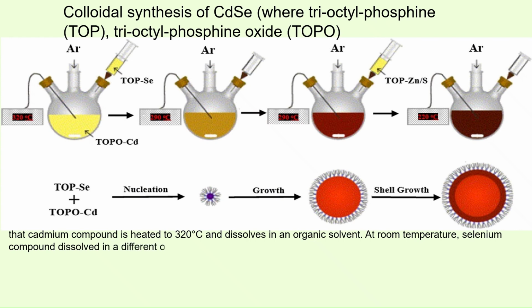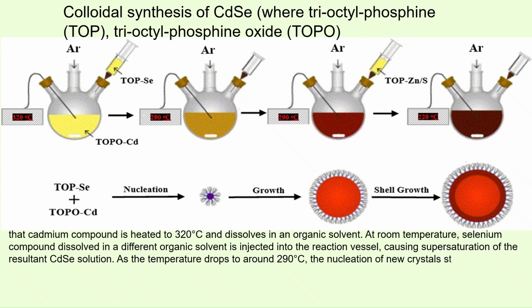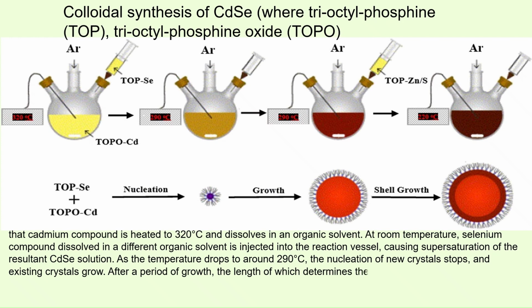Selenium compound dissolved in a different organic solvent is injected into the reaction vessel, causing supersaturation of the resultant CdSe solution as the temperature drops to around 290 degrees Celsius. The nucleation of new crystals stops, and existing crystals grow.